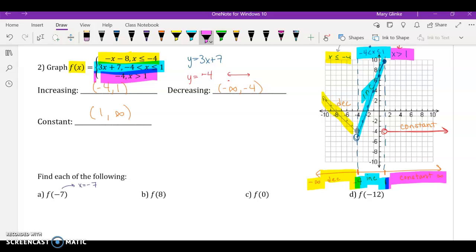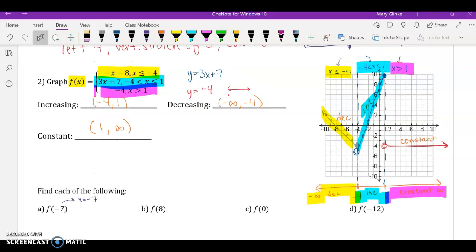In order to figure out which one to plug it into, we have to remember that this piecewise function is telling us the rule. So this is what to do, and this is when to use the rule. When you're looking at x equals -7, you have to ask yourself, does that work in the top, middle, or bottom equation? If x is -7, that is less than -4.